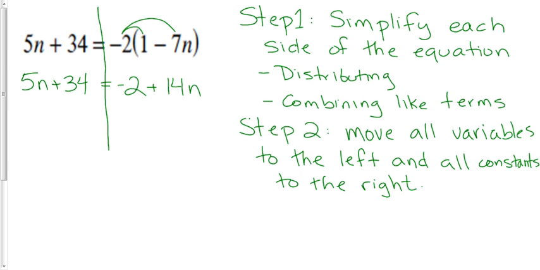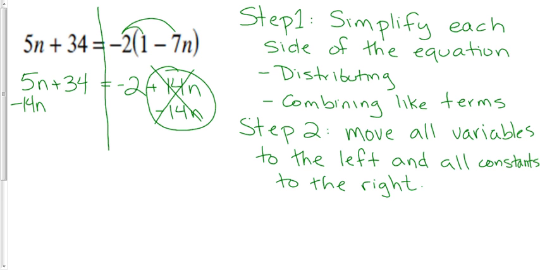Okay, so start with our variables. We want to take this 14n on the right. We want to move everything to the left. So to move it, we do the opposite operation. Okay, so we're going to subtract 14n. Whatever you do to one side, you have to do to the other. So right here, positive 14n, negative 14n, those cancel out.